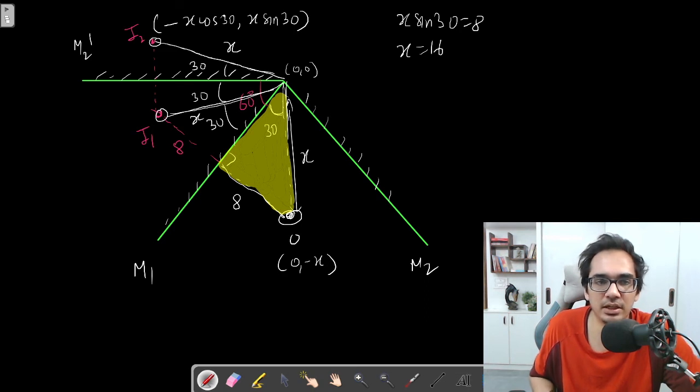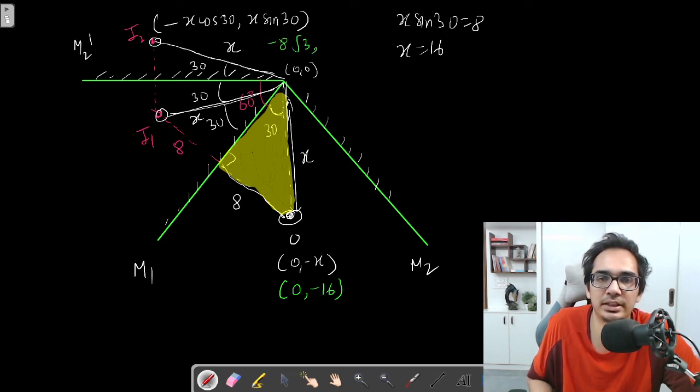So one of the coordinates is 0, minus 16, and the other coordinate will be minus x cos 30, so minus 16 root 3 by 2, so minus 8 root 3, comma x sin 30, that means 8. So these are the coordinates. Now the distance formula can be applied and you can directly know the distance.